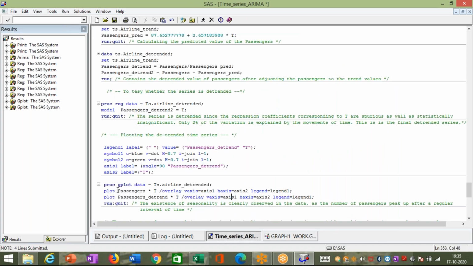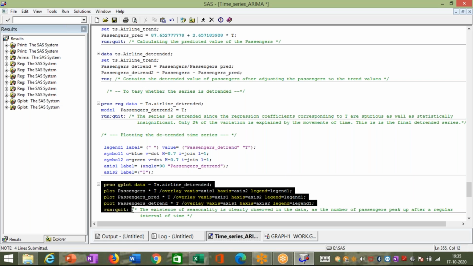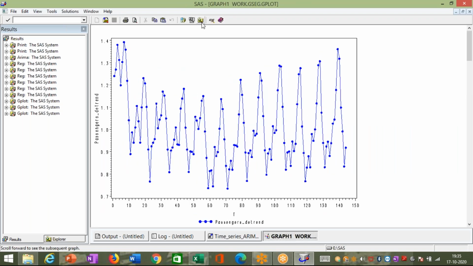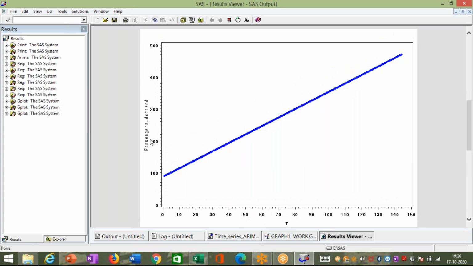So let me also do this passengers predicted. This is how the predicted values look. It looks like a clear straight line, right?